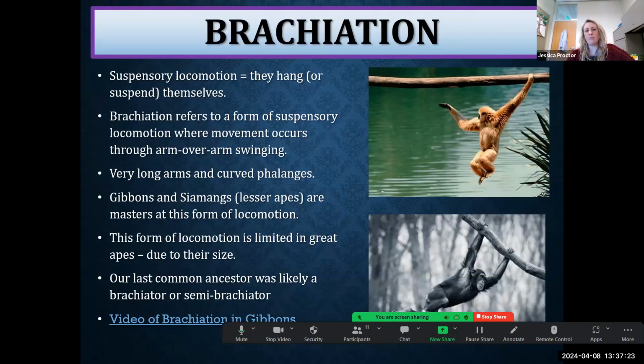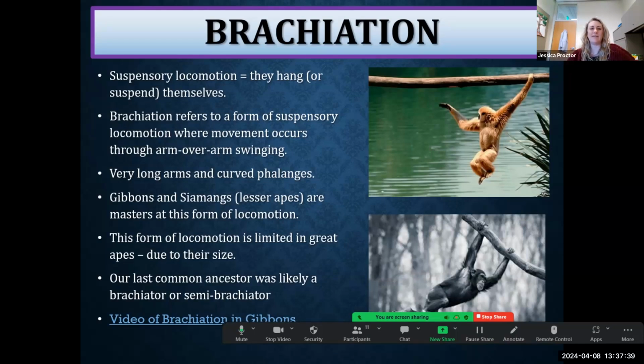This form of locomotion is somewhat limited in the great apes simply due to their body size. Thinking back to our last lecture, the term lesser ape just means that they're smaller bodied, right? It doesn't mean that they're any less evolved or any lesser at anything.